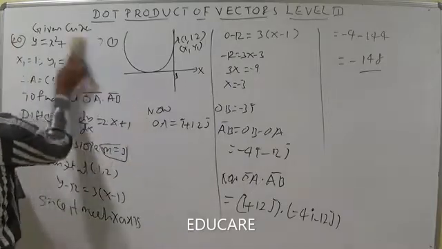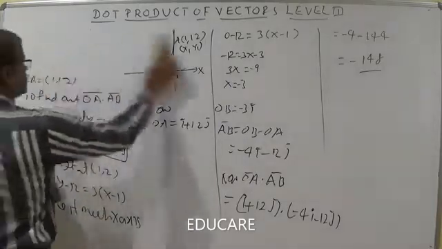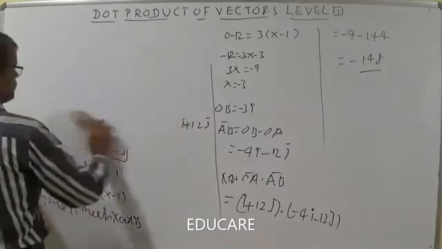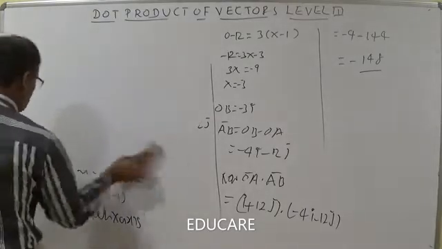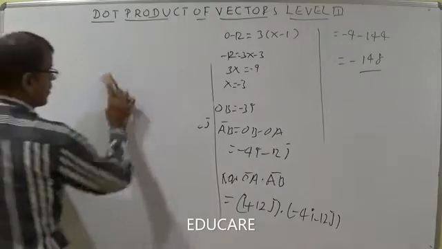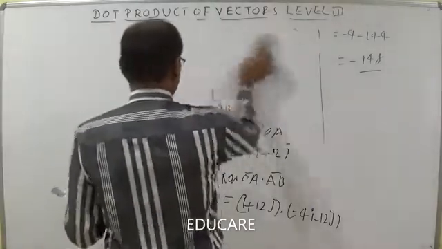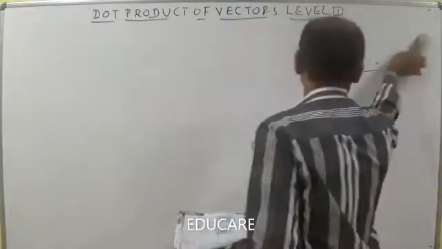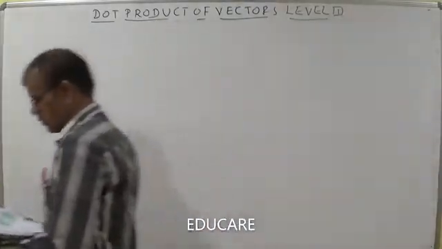Next, the 21st question. Let ABCD be a parallelogram. Using the parallelogram property and the parallel concept between two vectors, we should calculate this question. ABCD is a parallelogram given.